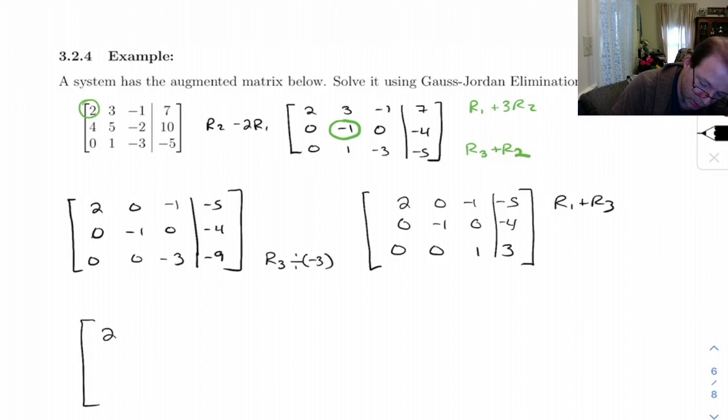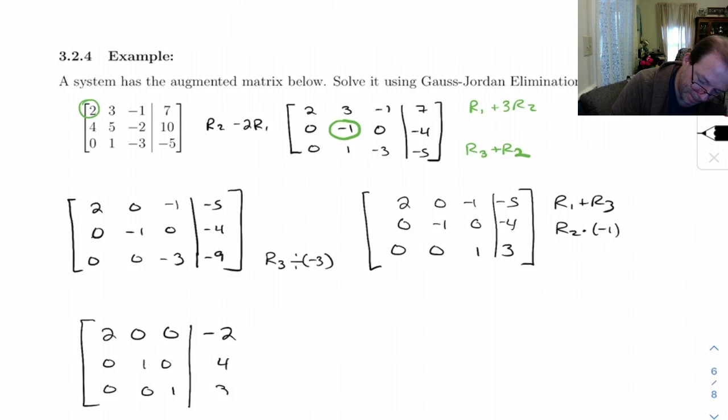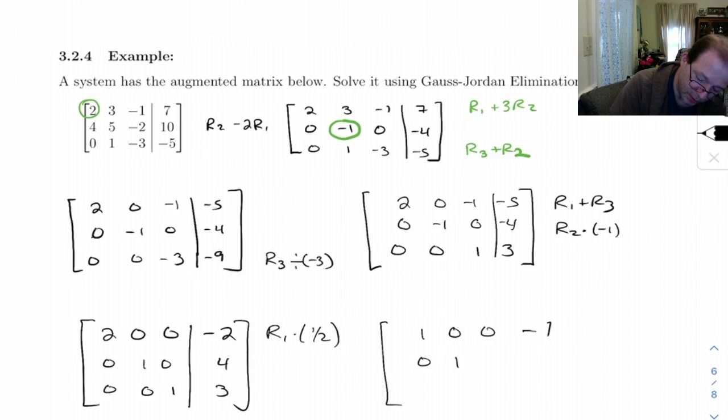It gives me 2, 0, 0, -2. And then what else? And multiply row 2 times -1. And now I'll do row 1 times 1/2. And that'll give me 1, 0, 0, -1, 0, 1, 0, 4, 0, 0, 1, 3.